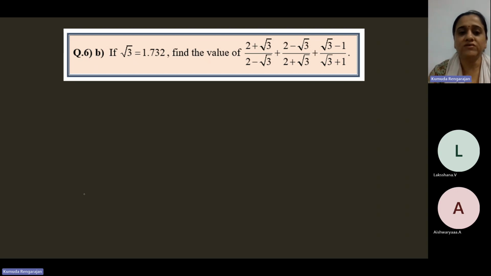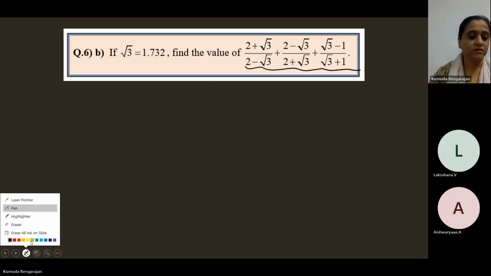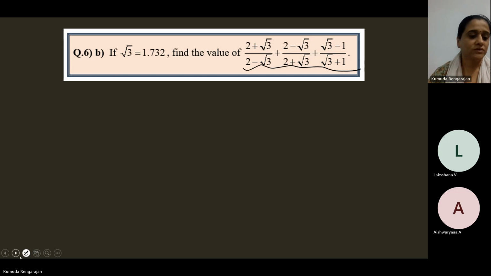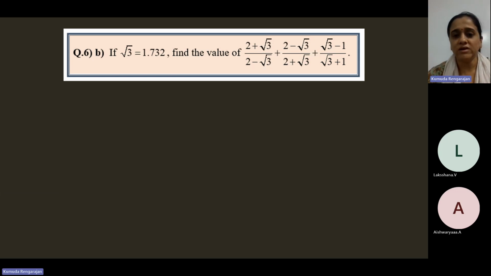If root 3 is equal to 1.732, find the value of this expression. All right. So see, when you see this question, you have to rationalize the denominator. That's all. So let's do it in 3 steps. We'll take up this one. The denominator is irrational. We'll rationalize it. That is step 1.